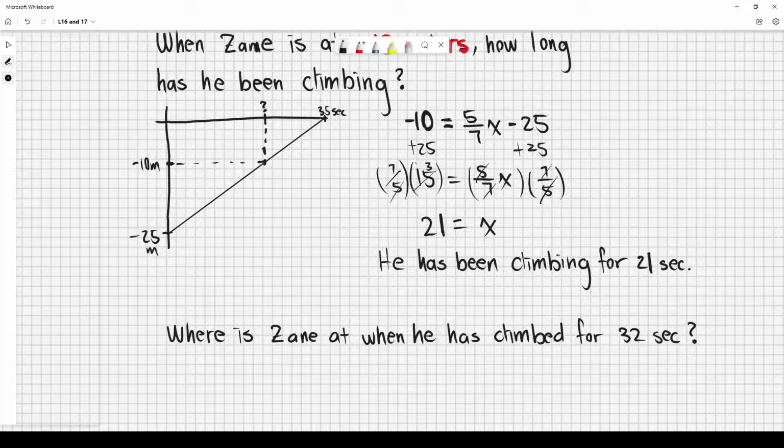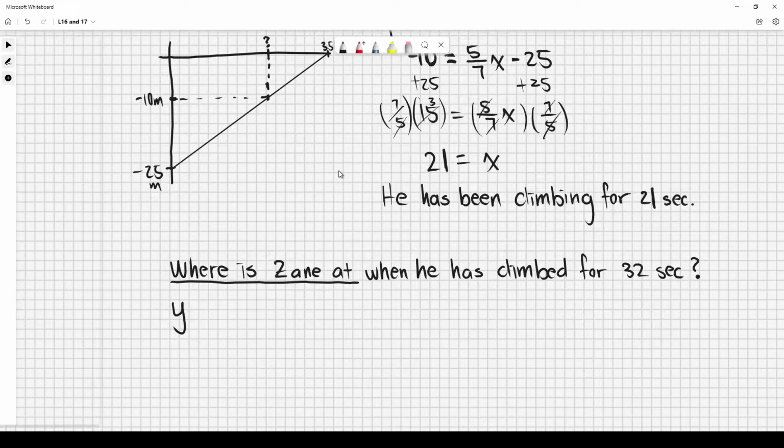Negative 17 over 7. Let's see if you're correct. Solve y. We're trying to solve for y now. So where is he at? That's an indication of elevation, not time anymore.